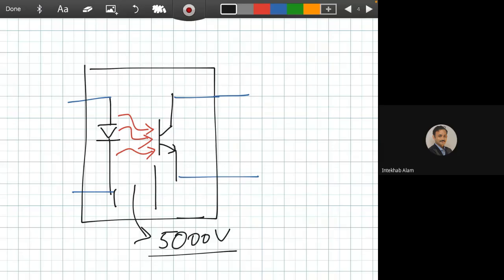Electric field strength is volts per centimeter or something like this, but here the gap is very small, on the order of a fraction of a millimeter. So it's not so large. The gap is very narrow in here.